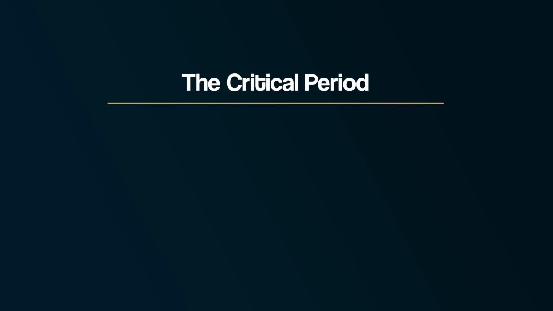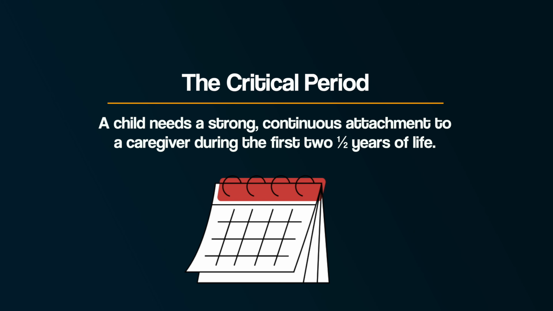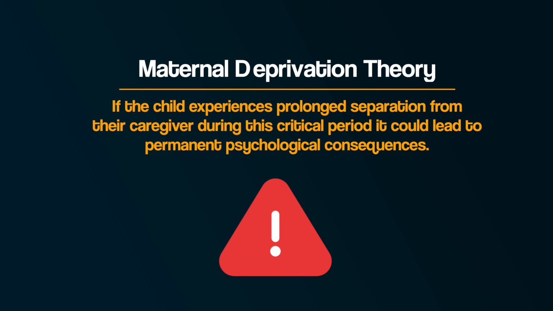The second psychodynamic theory of crime relates to Bowlby's maternal deprivation theory. Key to his theory is the critical period. Bowlby believed that a child needs a strong, continuous attachment to a caregiver during the first 2.5 years of life. However, if the child experiences prolonged separation from their caregiver during this critical period, it could lead to permanent psychological consequences.